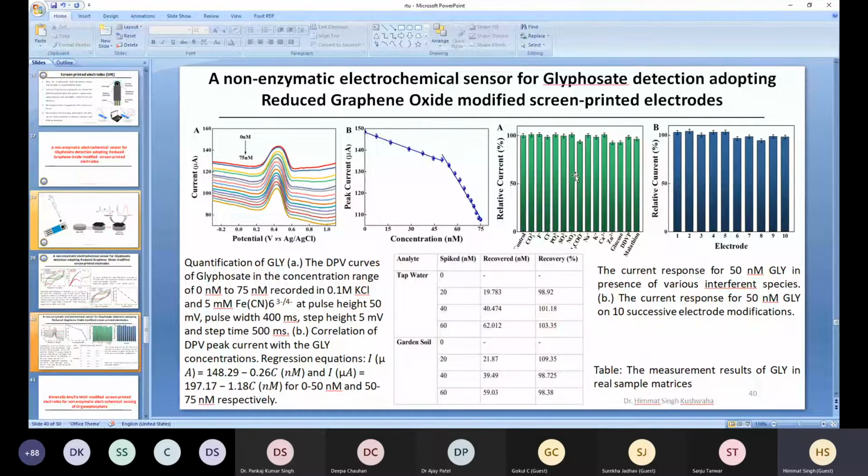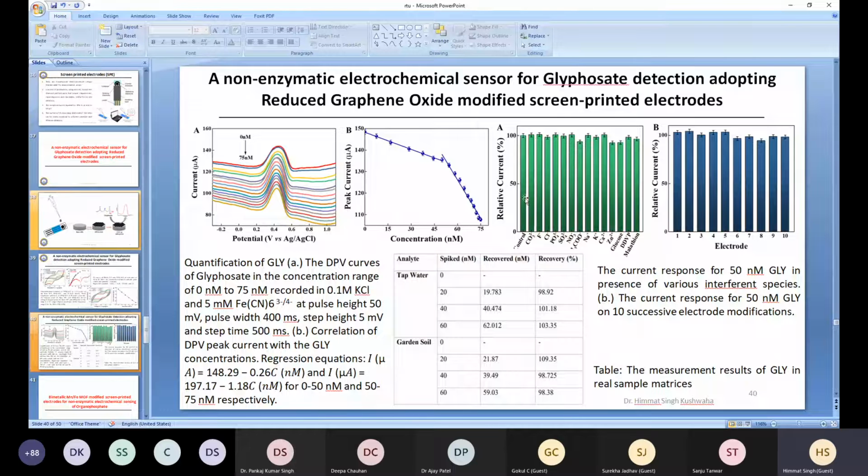The selectivity of this sensor can be seen in this bar chart. In the presence of different ionic species and other pesticides like DDVP and malathion, the current signal is not changing much, meaning at the particular potential the current peak is not changing.